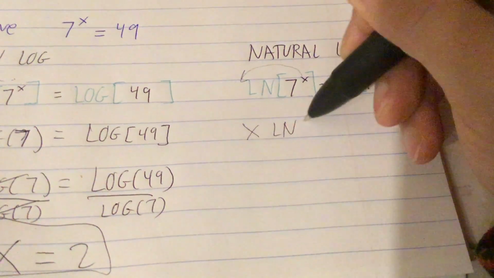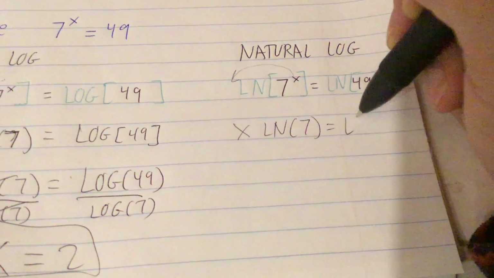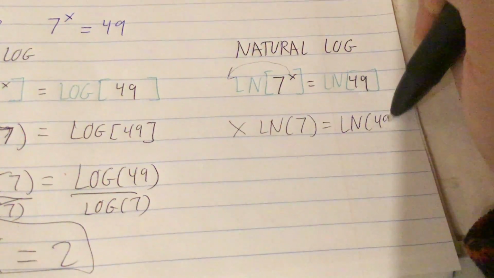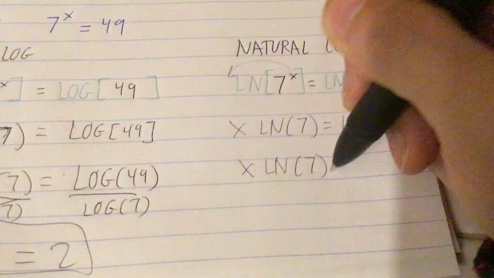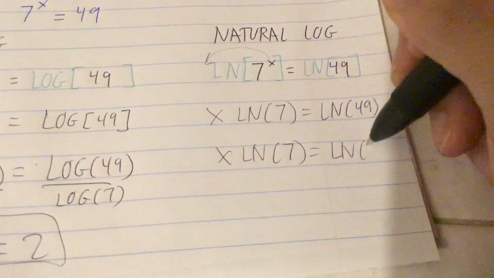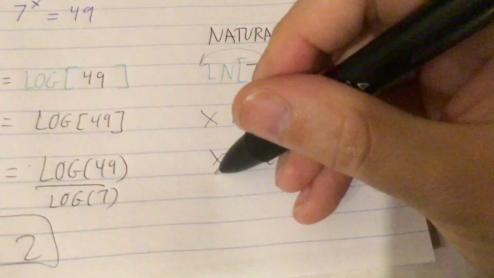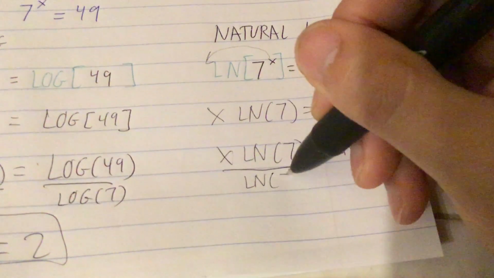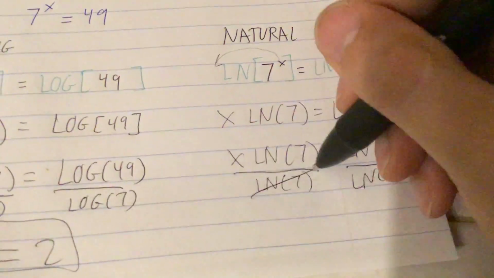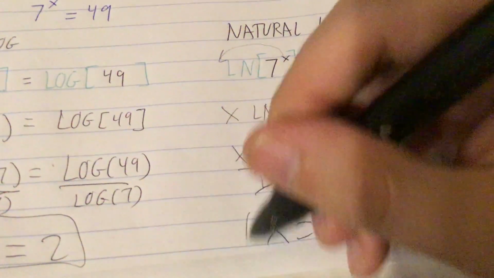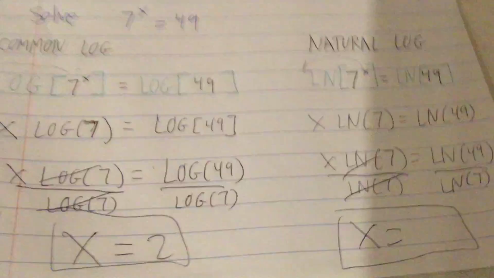x ln of 7 is equal to ln of 49. And now I'm going to verify my result by doing it this way. So let's check my work.